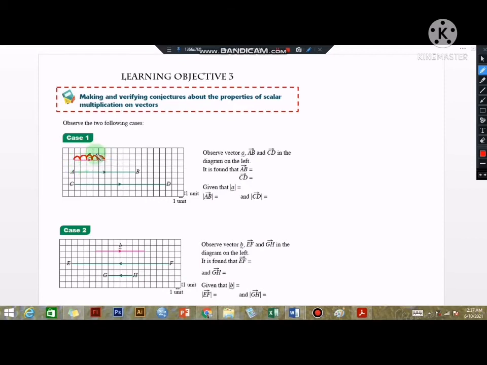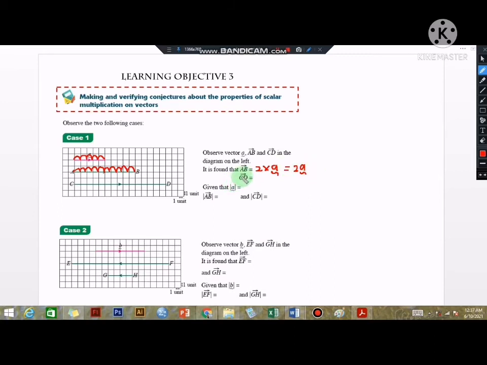So let's look at vector AB: 1, 2, 3, 4, 5, 6, 7, 8, 9, and 10. So it means that vector AB is equal to 2 times vector A. We can consider this one as 2 vector A. We have done this one already.